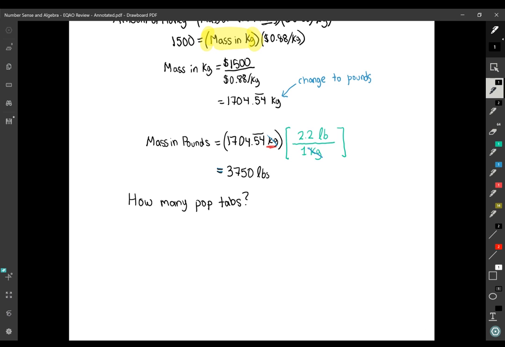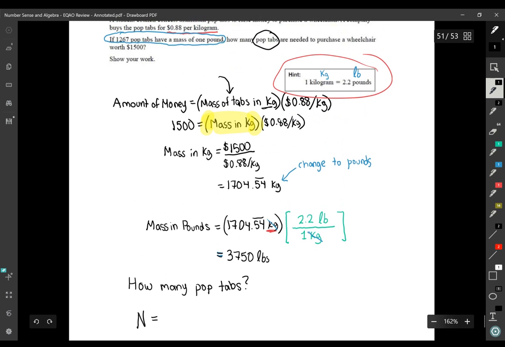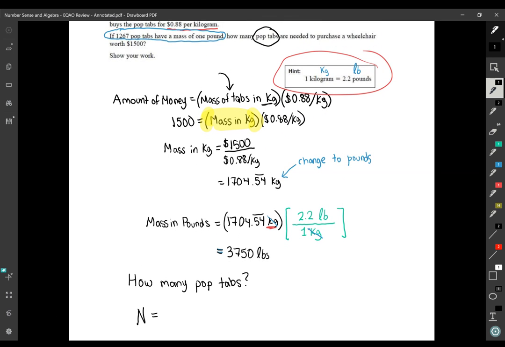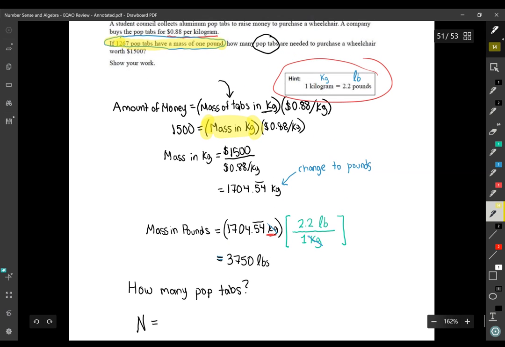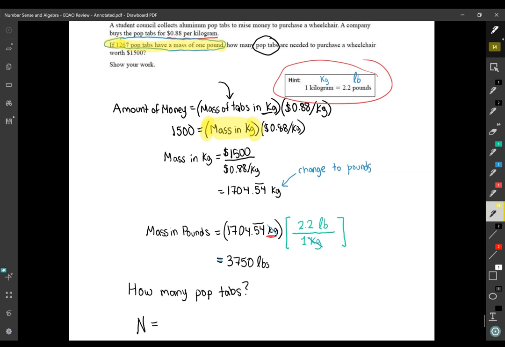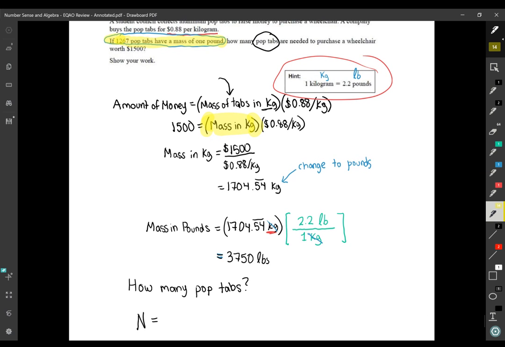Okay, well, let's let n represent the number of pop tabs. So n is going to be equal to, well, we know that 1,267 pop tabs have a mass of 1 pound. So we can use that information to figure out how many pop tabs would have a mass of 3,750 pounds.